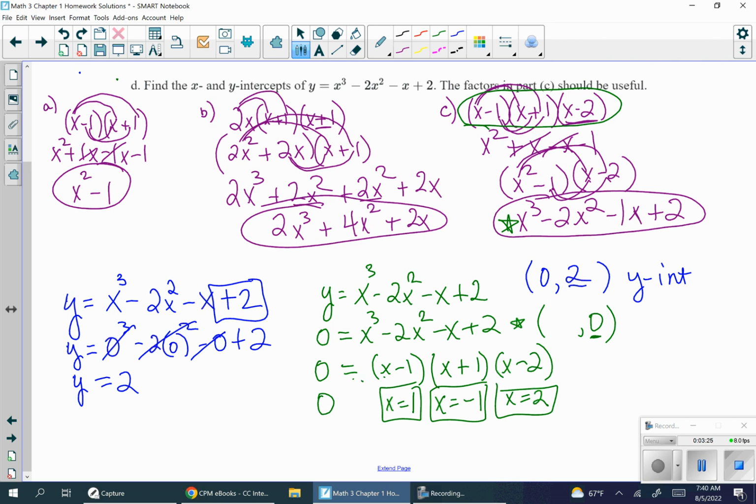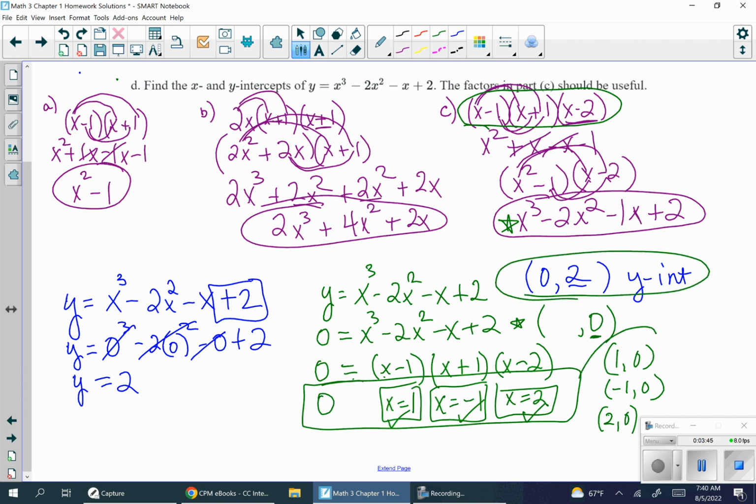So there are actually 3 locations where this particular function will cross the x-axis. We have 1, 0, that's this one. We have negative 1, 0, which is this one, and we have 2, 0, which is this guy. So 1 y-intercept and 3 x-intercepts. Pretty cool, pretty cool.